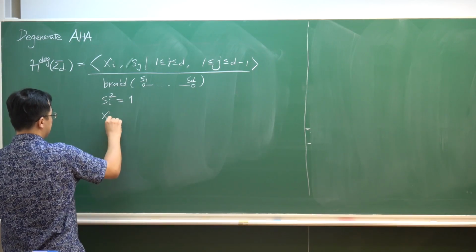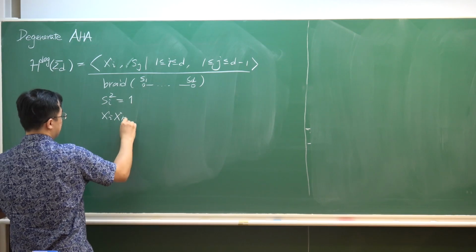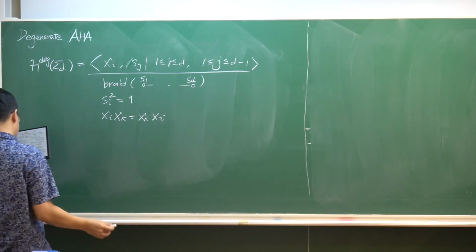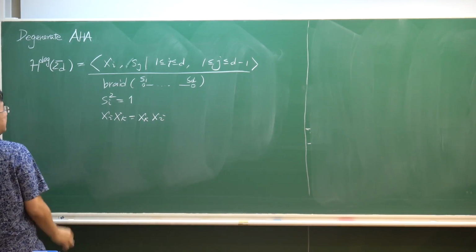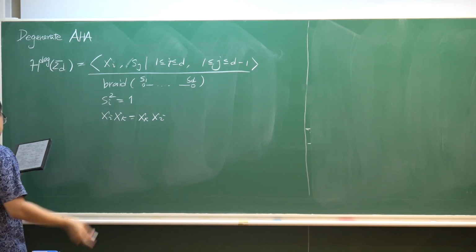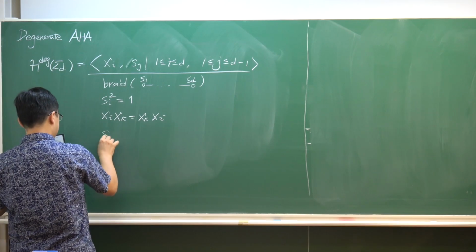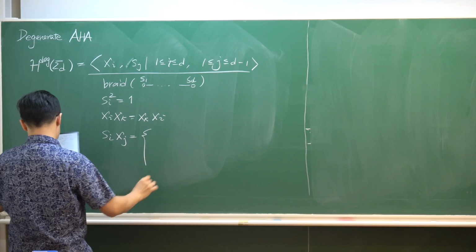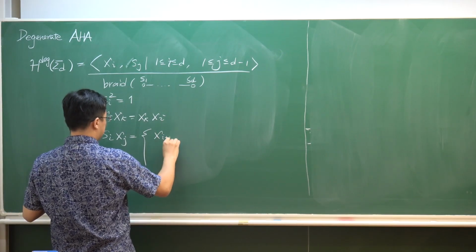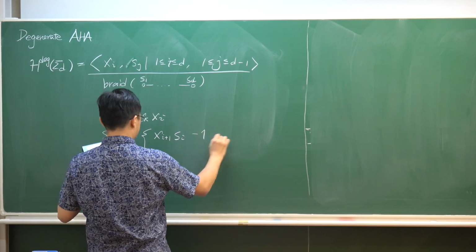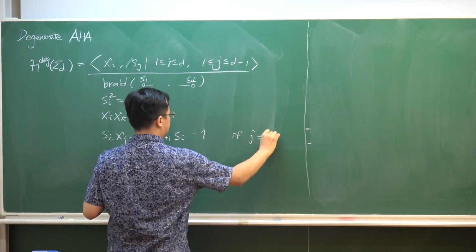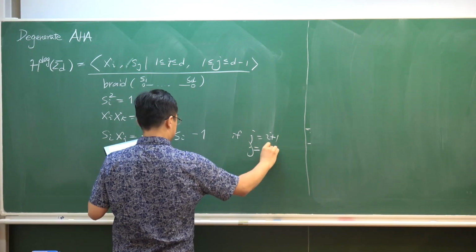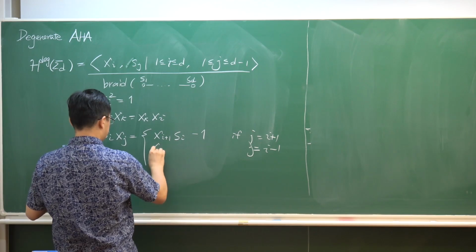And as I also told you, these x_i are polynomial generators, so they satisfy this commutation relation. And the cross relation between s and x is described in cases. It's either x_{i+1} s_i minus 1 if j is i plus 1, and when j is i minus 1, you get the other way around.